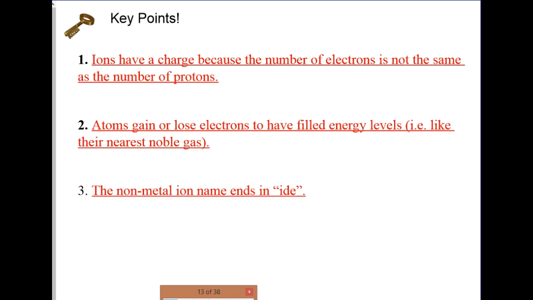What about chlorine? Chloride. Tellurium? Telluride. Arsenic? Arsenide. Sulfur? Sulfide. Okay, so you know some of the common ones that we use quite often. Good.